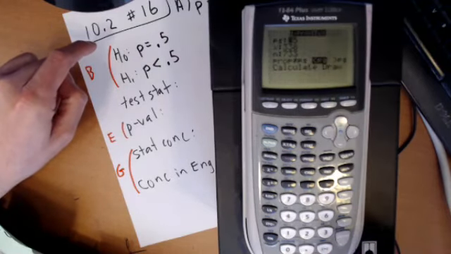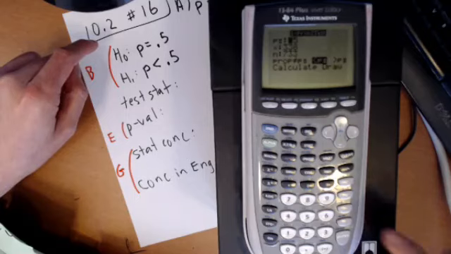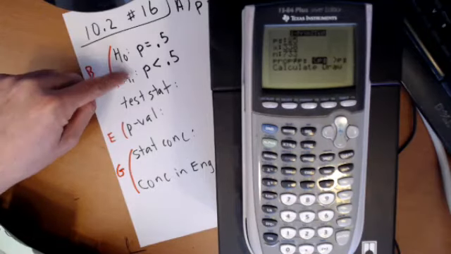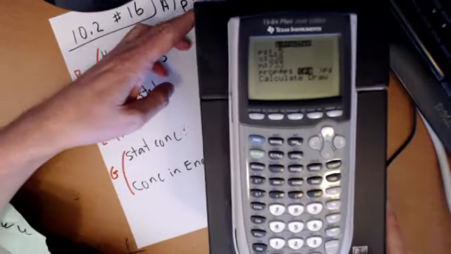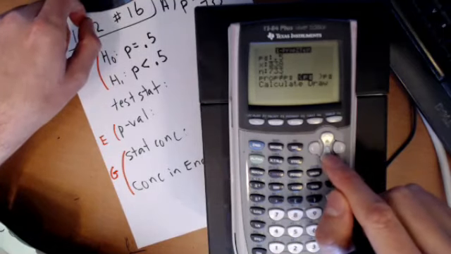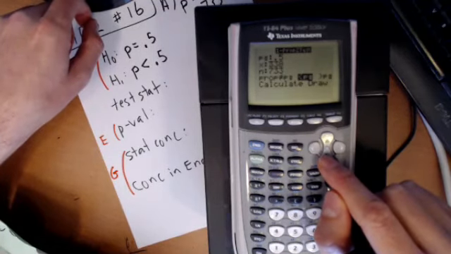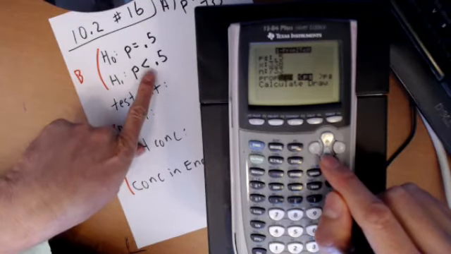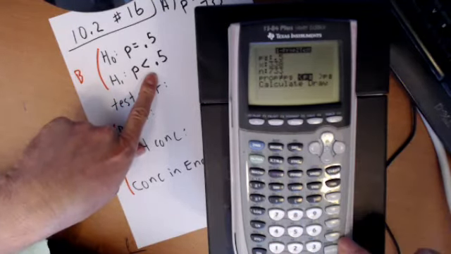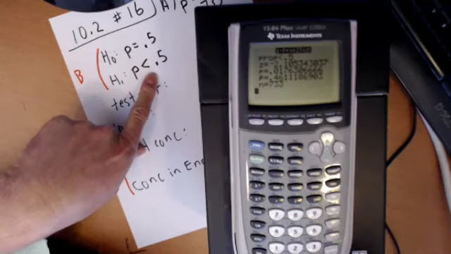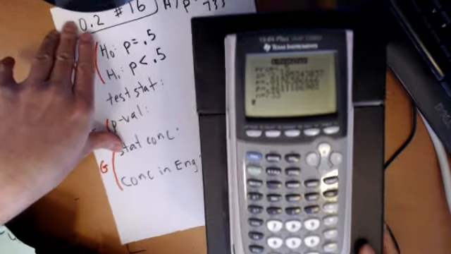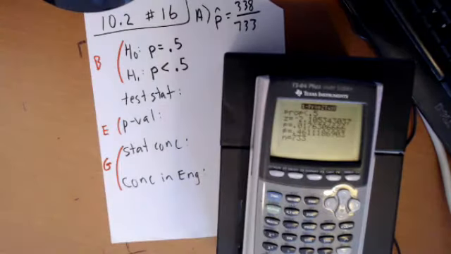Z test. P of 0.5. P hat, or 338 and 733. Choose the less than symbol because that's what's in our alternative. Calculate. Okay, so that gives us a test stat value.